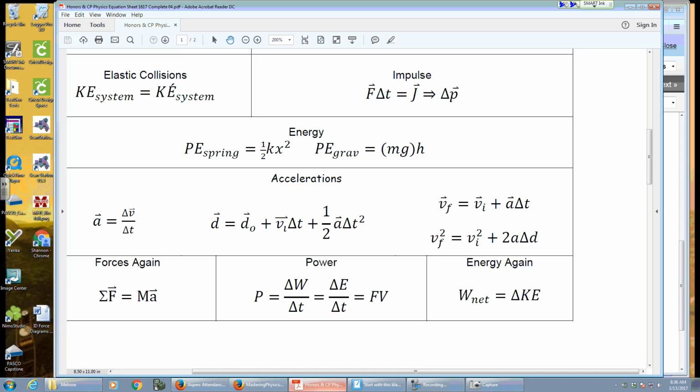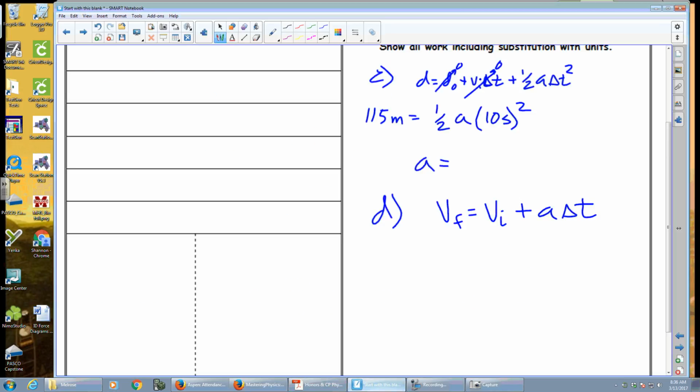I'm just picking the one that has easier math, to be honest. V final is what I'm looking for. V initial was 0. So whatever my answer to C is, times 10 seconds. And that's that problem.